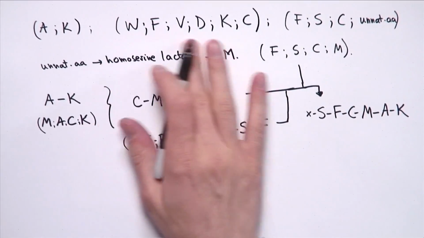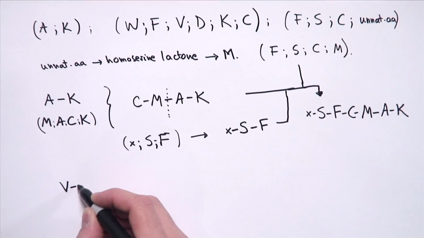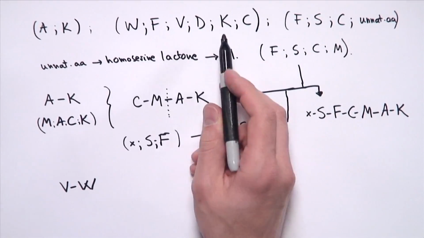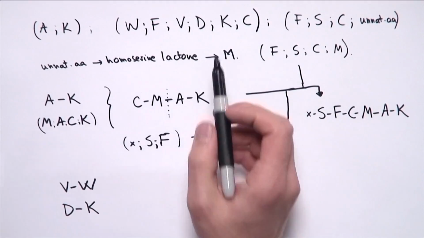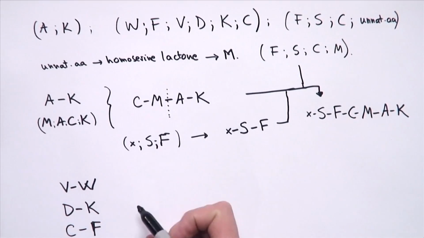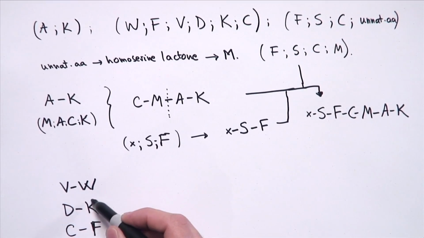Now, we already know something about the sequence of these. For example, we know V goes before W. We also know D goes before K. And also know C goes before F. All right, now we know this has to be the carboxy end of the peptide chain.